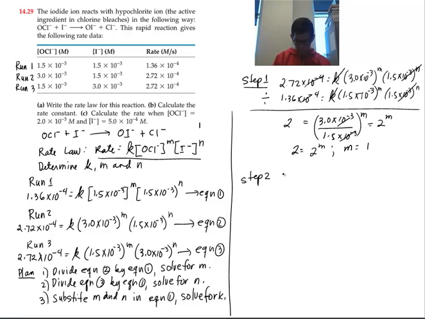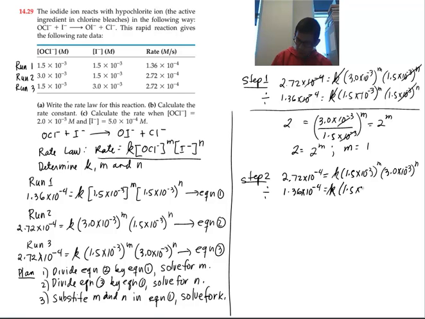So equation 3 is 2.72 times 10 to the minus 4 equals k times 1.5 times 10 to the negative 3 to the m times 3.0 times 10 to the minus 3 raised to the n, divided by equation 1: 1.36 times 10 to the minus 4 equals k times 1.5 times 10 to the negative 3 raised to the m, 1.5 times 10 to the negative 3 raised to the n.